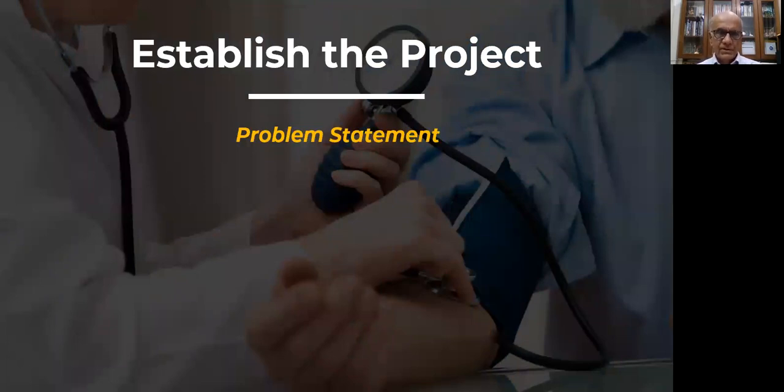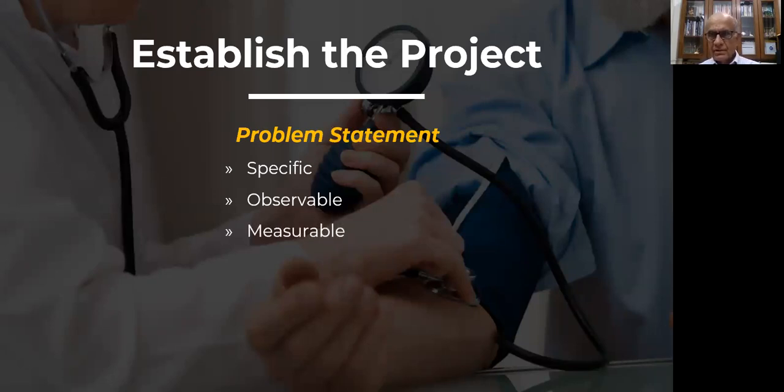Problem statement should be specific. It should be so unique that we have no concern that a similar problem was solved. It should be observable, visible to the eyes. When it's visible, it's easier to sell the results of the improvement.